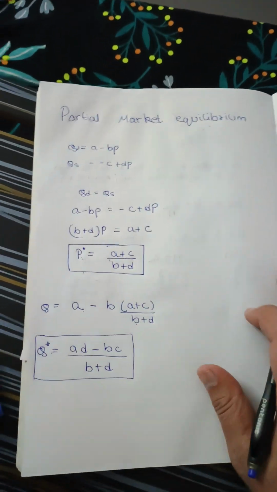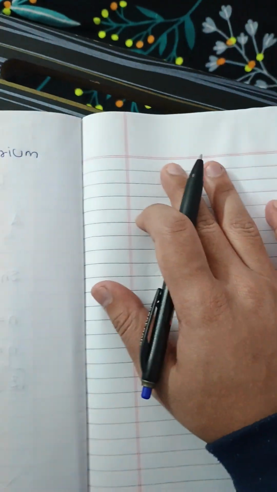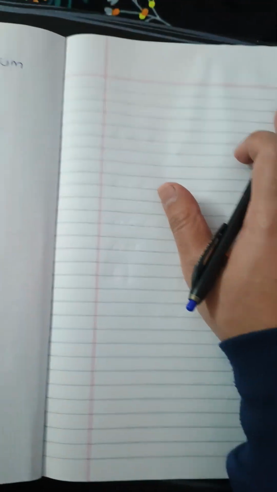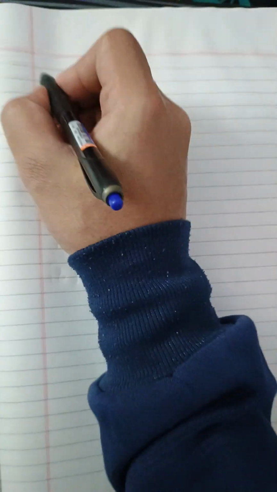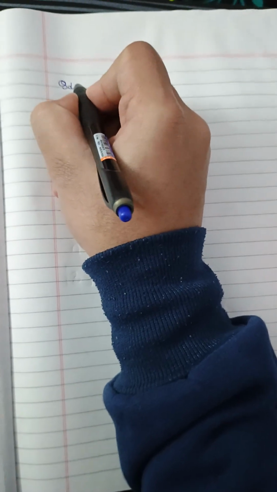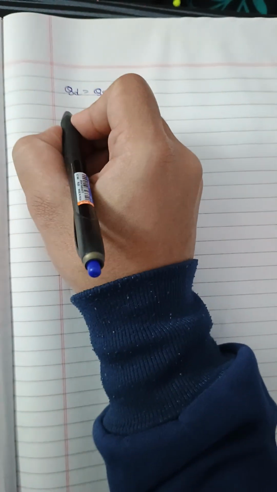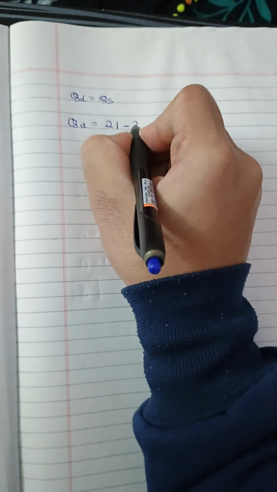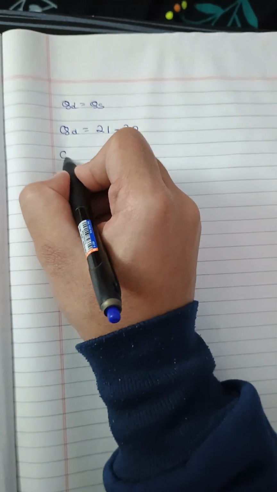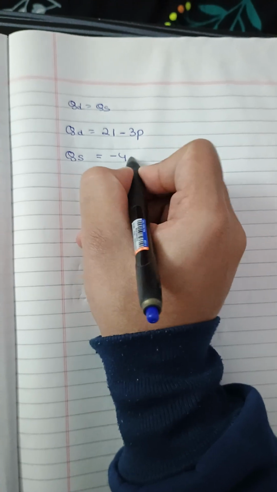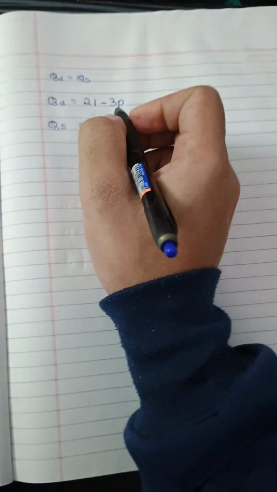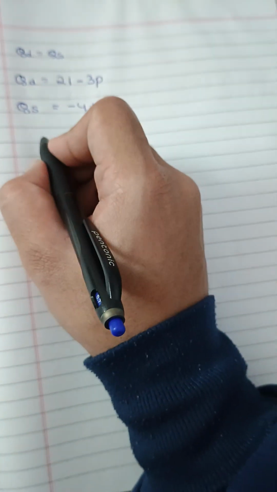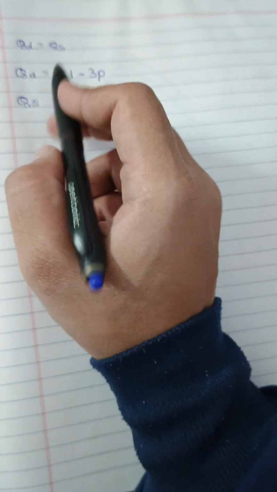So now let us take an example. It will be easier to understand with an example. Suppose the given market model is at equilibrium, quantity demanded equals quantity supplied. Quantity demanded equals 21 minus 3p, and quantity supplied equals minus 4 plus 8p. Now we know the condition that it is in equilibrium, so quantity demanded equals quantity supplied.